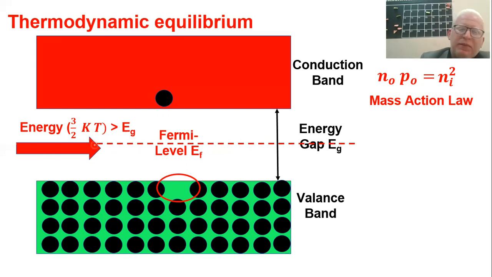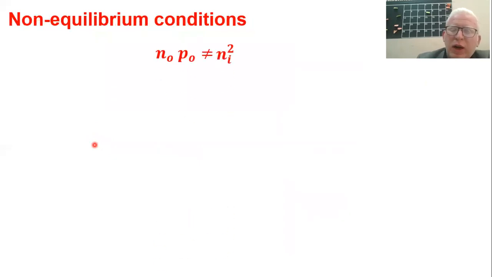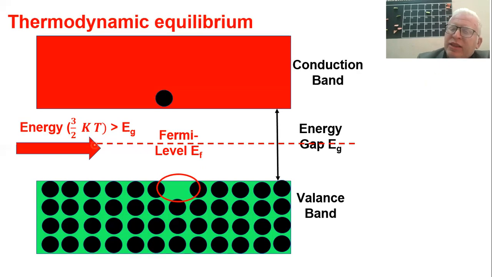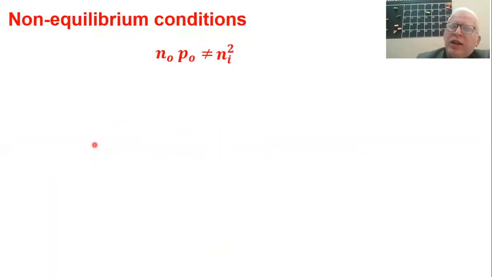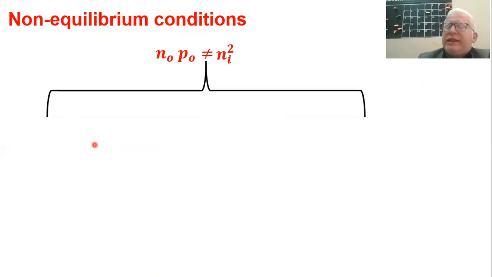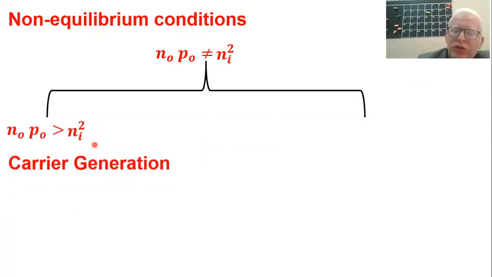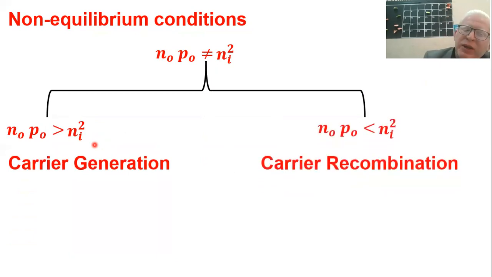Perfect. Okay, so what about non-equilibrium conditions? We say that the equilibrium conditions reflect where n times p equals ni squared. So obviously, non-equilibrium conditions mean that n times p does not equal ni squared. And here we have two cases: when n times p is greater than ni squared, or when n times p is smaller than ni squared. The first case is what's called carrier generation.